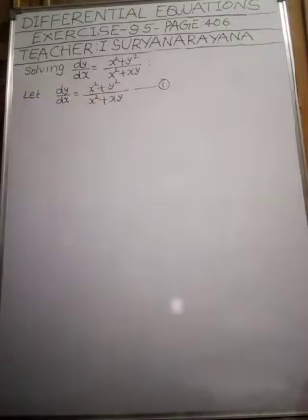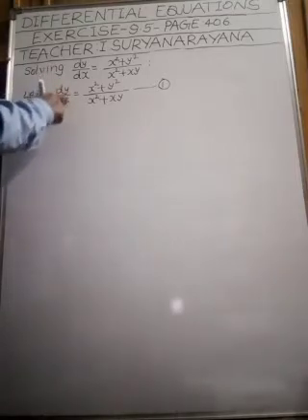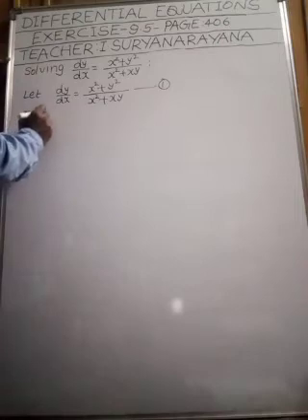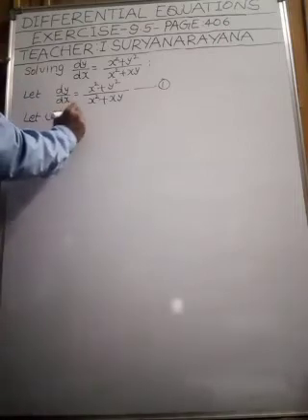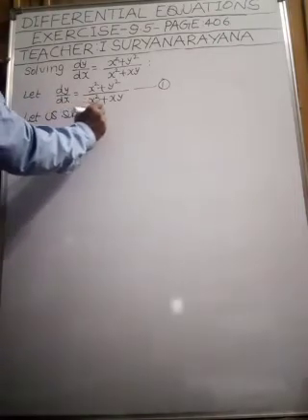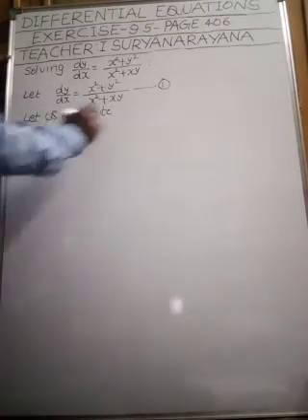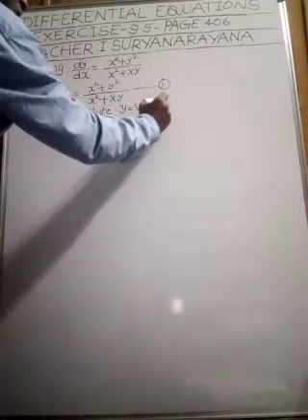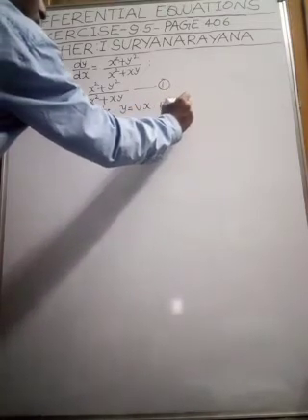Okay, my children. Right. Now let us substitute y is equal to vx. Because here y by x is there, so let us substitute y is equal to vx in the equation 1.